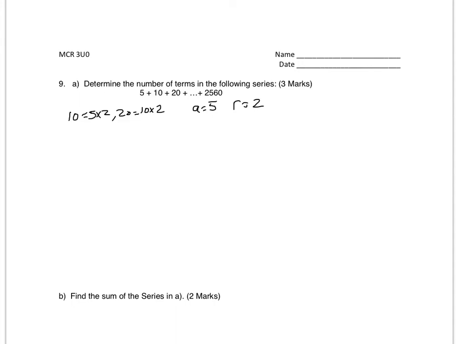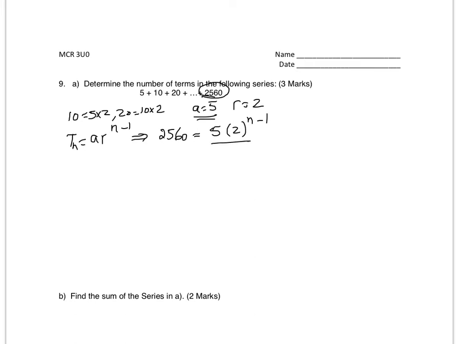So I'm going to use the formula for a geometric sequence, that Tn is ar exponent n minus 1. I know the last term is 2560, so I'm going to write 2560 is a, which is 5, times r, which is 2, exponent n minus 1.